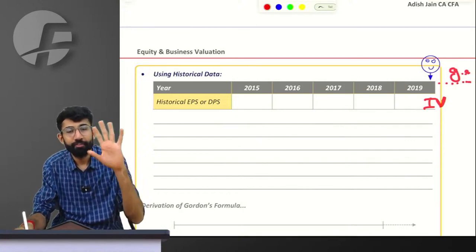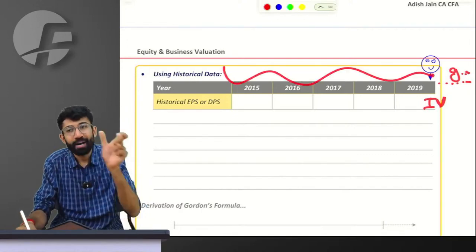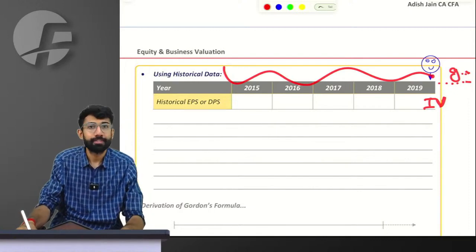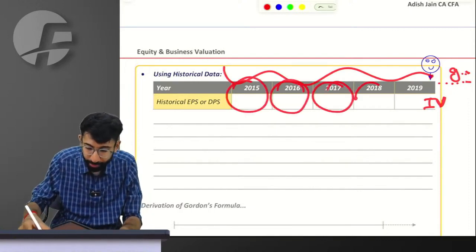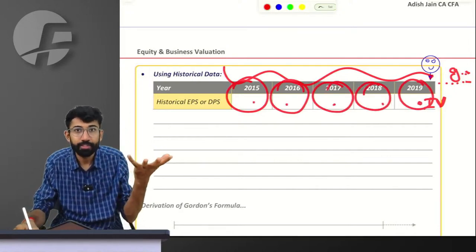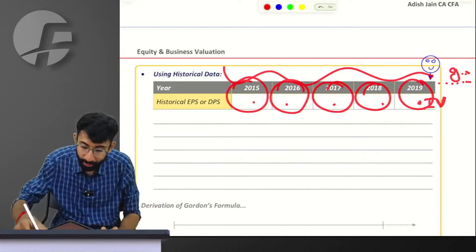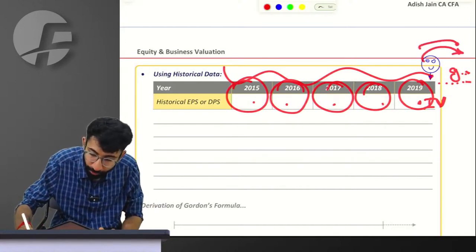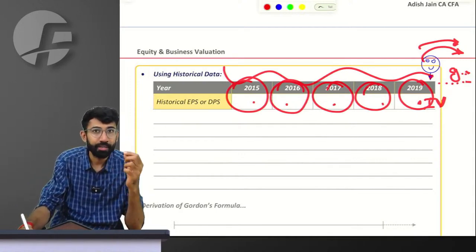The examiner has not given the future growth rate, but he has given the data of past earnings or past dividends. Using the past numbers or past dividends, I can calculate the past growth rate, that is, what has historically been the average growth rate, and I can assume that growth rate to prevail in future years forever. Are you understanding?